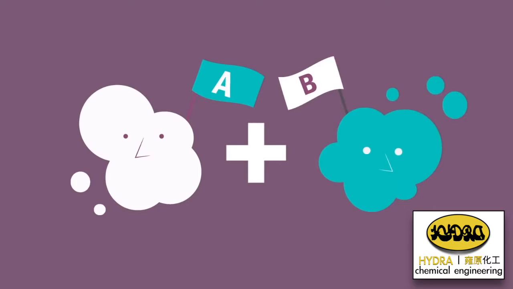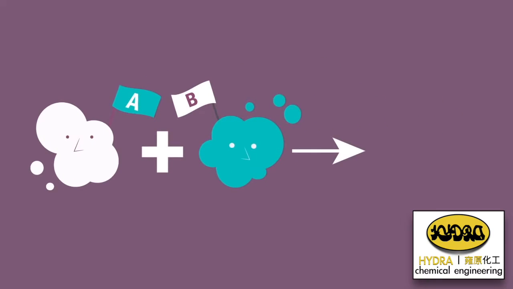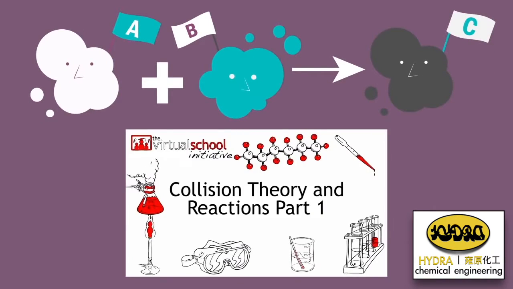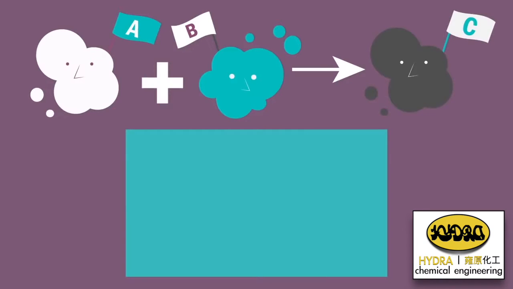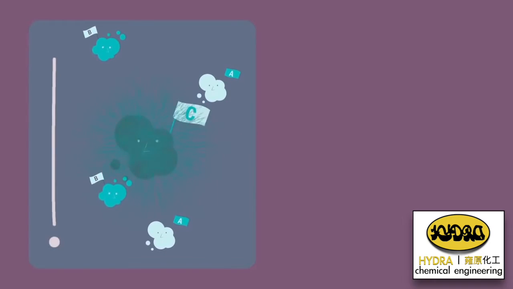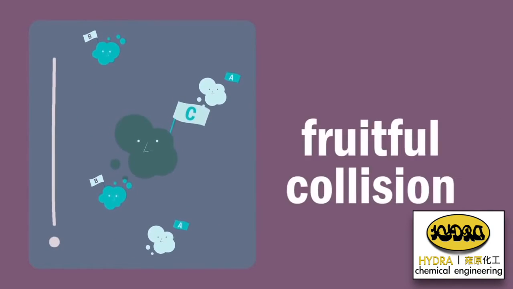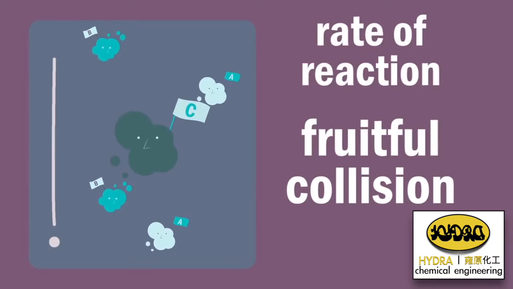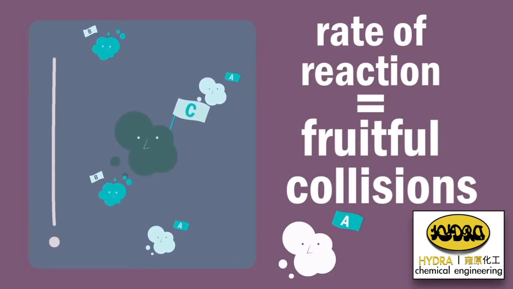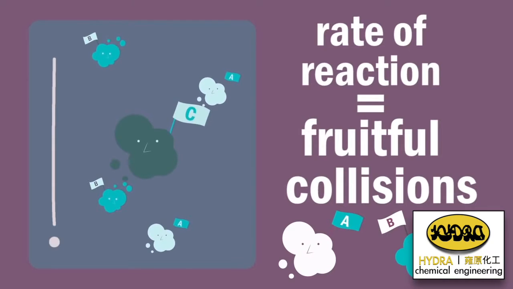Let us consider two gases, A and B, reacting to make gas C. As mentioned in our video Collision Theory and Reactions Part 1, for a reaction between gas A and gas B to occur, they must collide with sufficient energy. A collision resulting in a reaction is a fruitful collision, so the rate of reaction can be taken as the number of fruitful collisions between A and B per second.